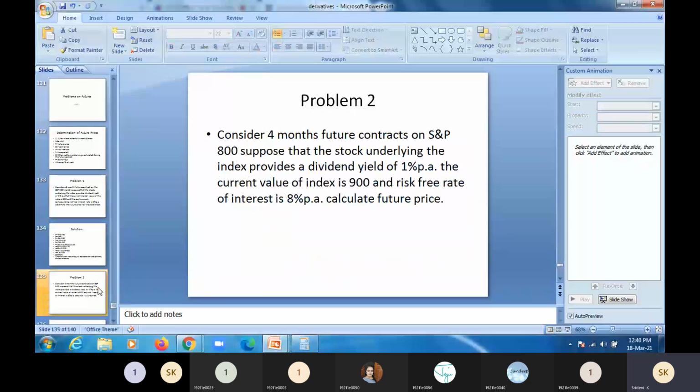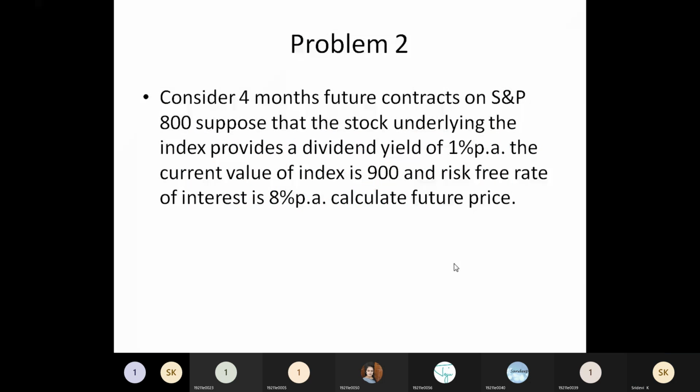Take another problem. For this, calculate the futures value. In this problem also the dividend yield is given, 1%, and the risk-free rate is 8% per annum, and the T value is 4 months.